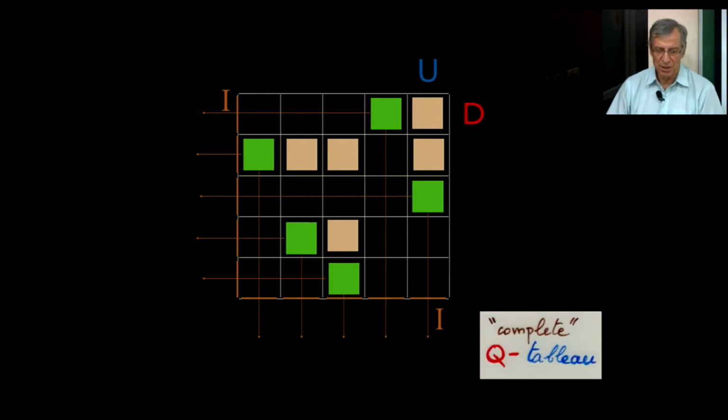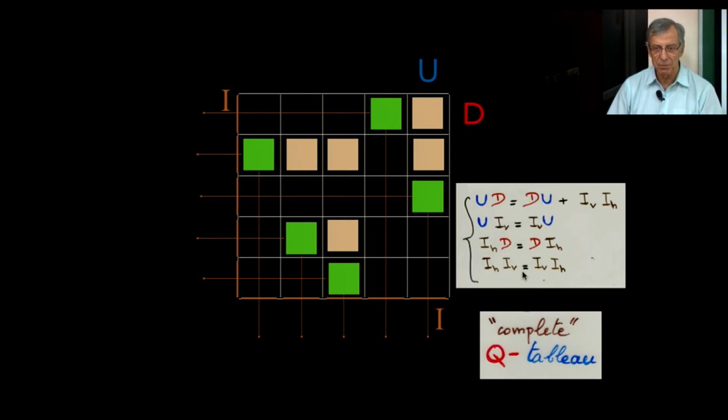And this is what I call a complete Q-tableau. Complete Q-tableau means, you see, this was the homogeneous quadratic algebra with 4 generators, and there are 5 possible rewriting rules. And for each of these rewriting rules I use, I put a label on the square where I do the rewriting. There is this yellow label, the green label, and there is one brown edge crossing vertically, one brown edge crossing horizontally, and 2 brown edges crossing.